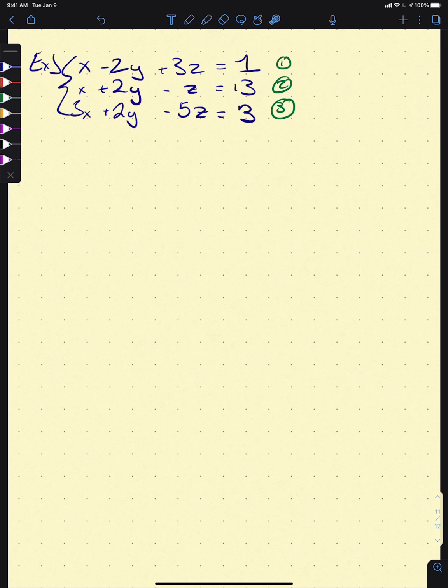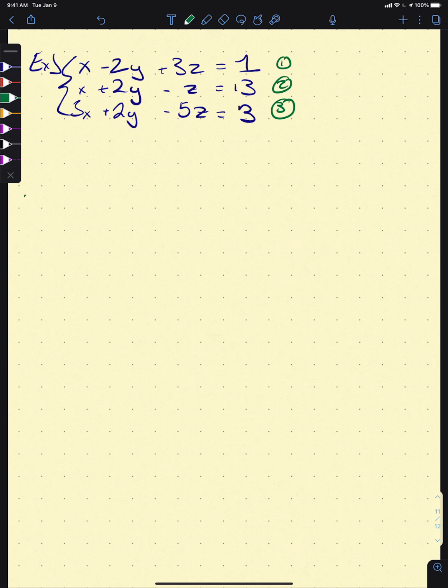So what we're going to do is multiply equation 1 by a non-zero multiple and then add it to equation 2. I know that this will get a little bit tricky, but once you get some practice, it will become more comfortable and feel less awkward.